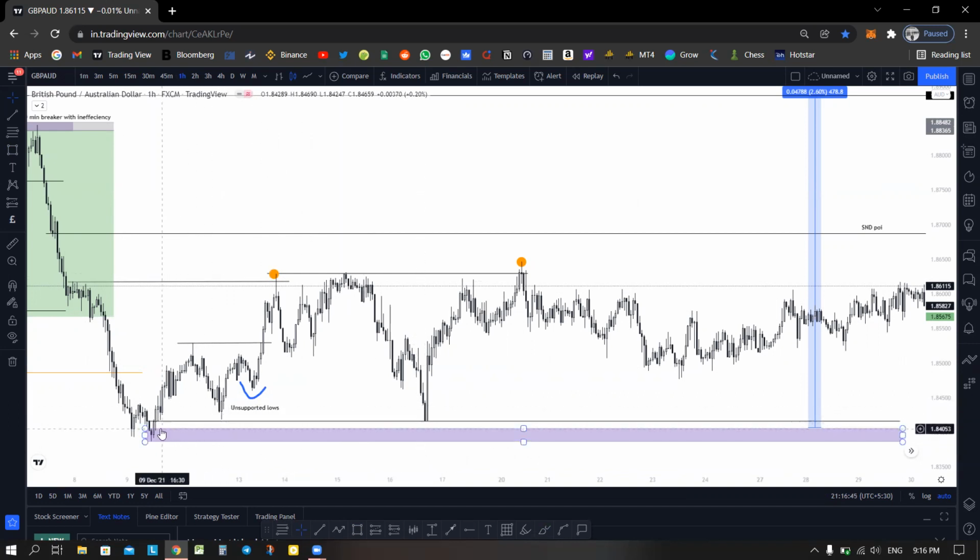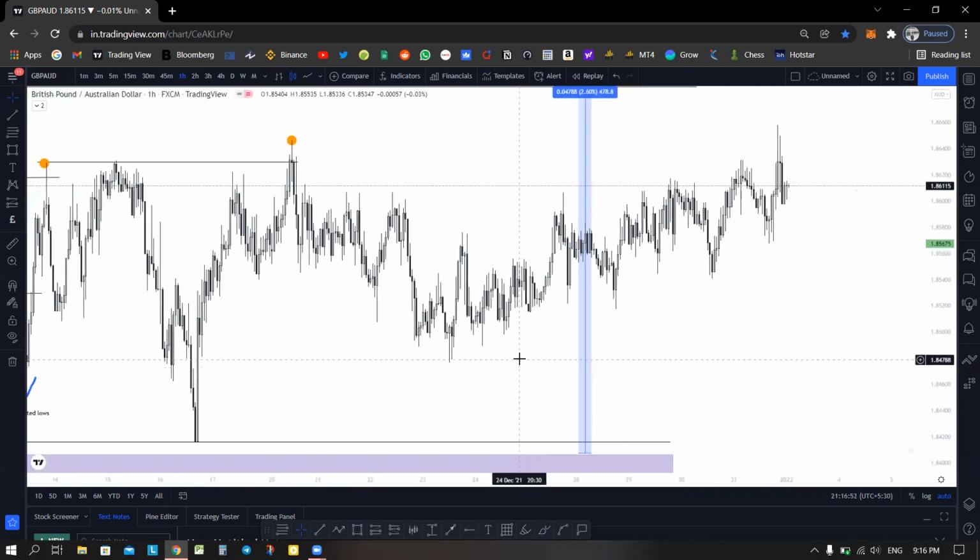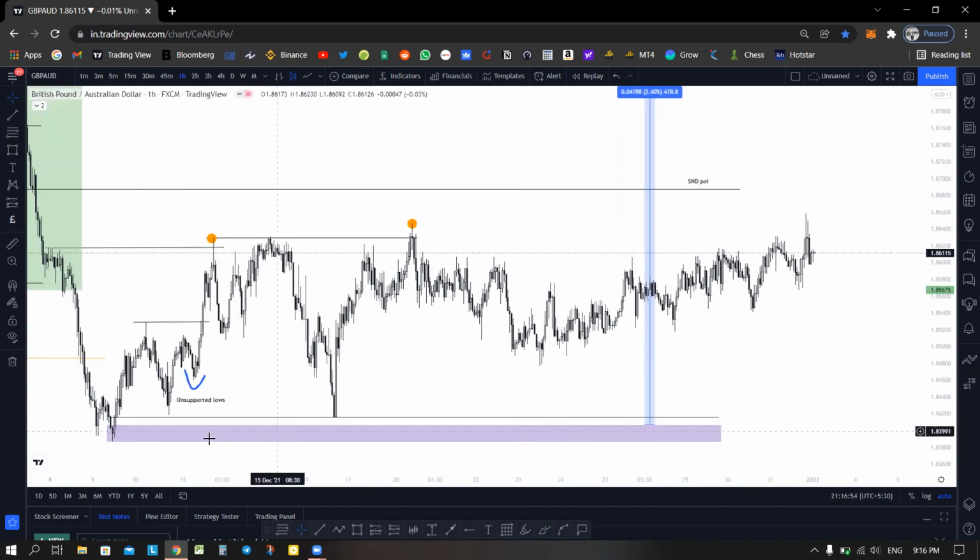This was the last candle which was not mitigated, and we have inducement areas here, here, and everywhere. So I'm waiting for some reaction around here for any other buy move. So this will also be your bullish order block.